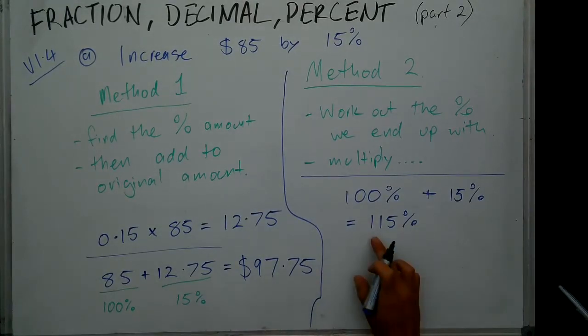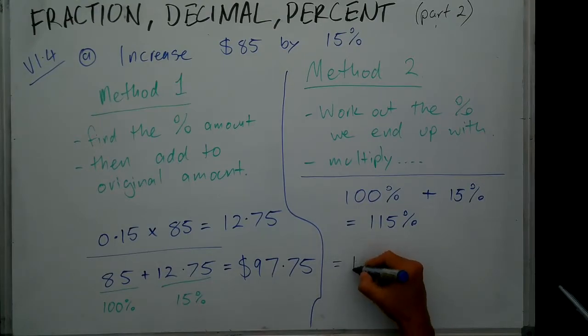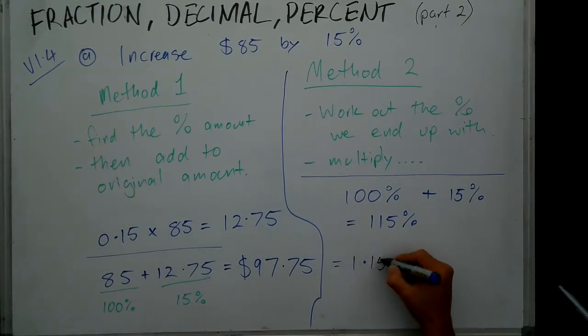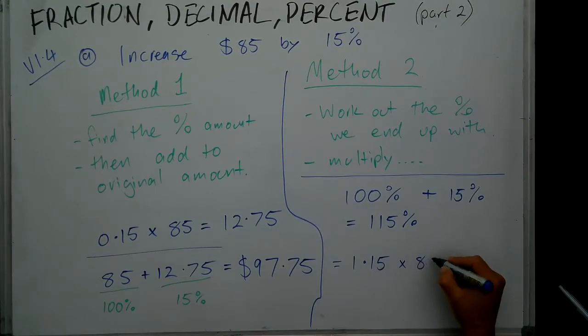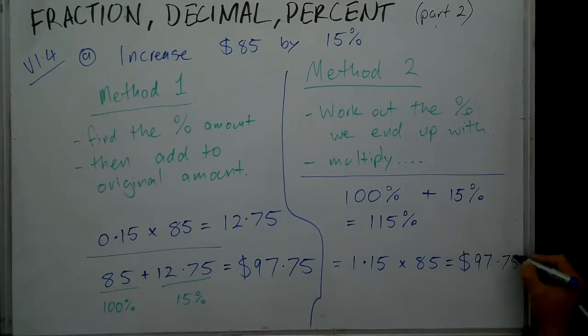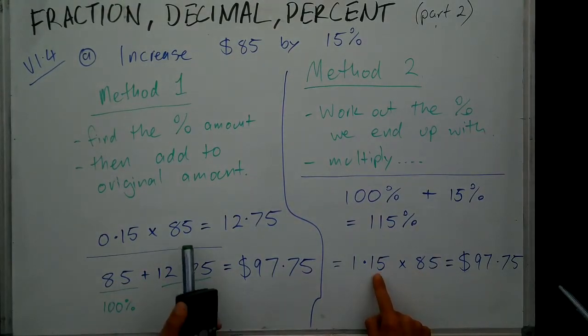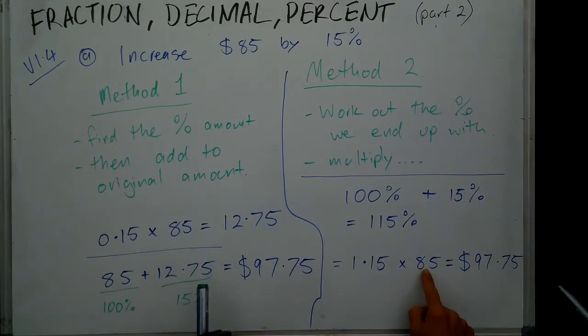So really what we're doing here, we'll convert this to a decimal. 1.15 times our $85. And if you type that in the calculator, you will go straight to $97.75. Because really we've got one lot of 85, which is what we had here, and the 15% of 85, and they're added together.